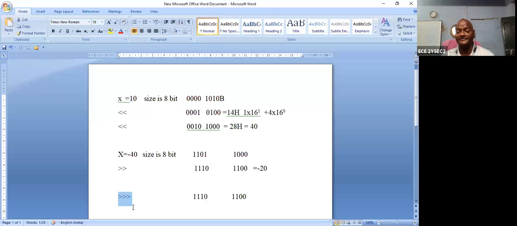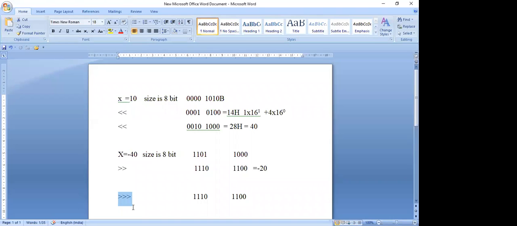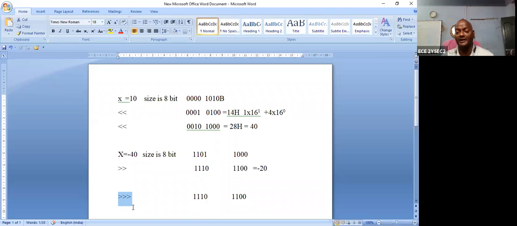It's a double greater than, which stands for unsigned. That means it does not bother about the sign. So after applying this, a 0 should be appended to the left side. Then each and every bit is shifted right. So then what is the answer? 1, 1, 1 and shift.